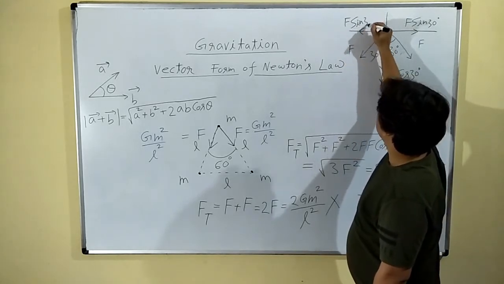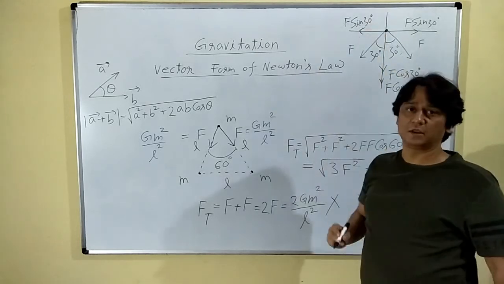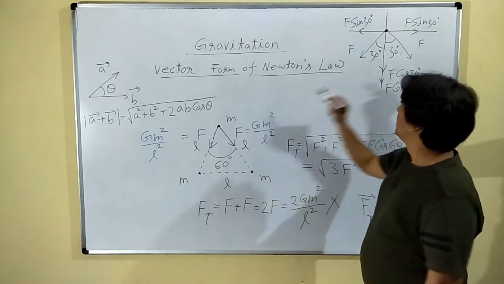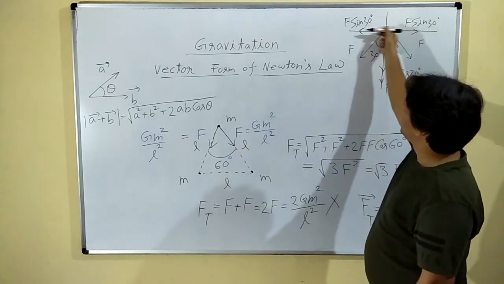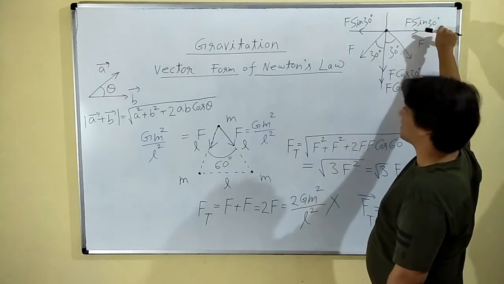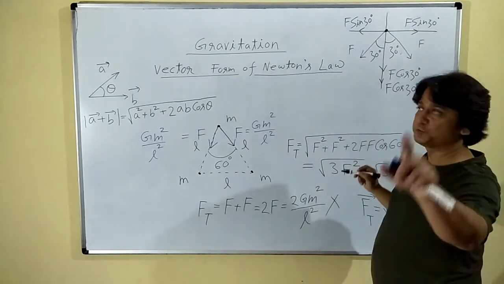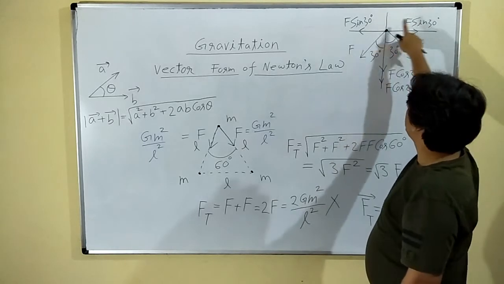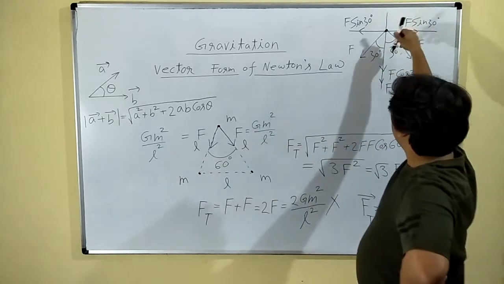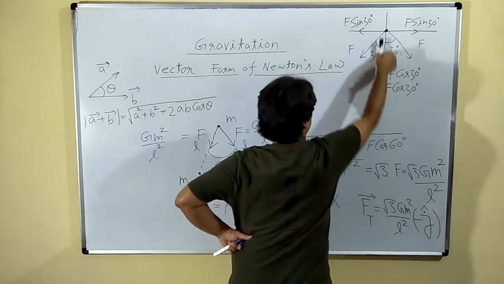F sin 30. Now look at this mass. This M is being pulled in this direction with F sin 30. At the same time, it's being pulled in this direction with F sin 30. Which means this F sin 30 will cancel out this F sin 30. Giving us what? A downward force.